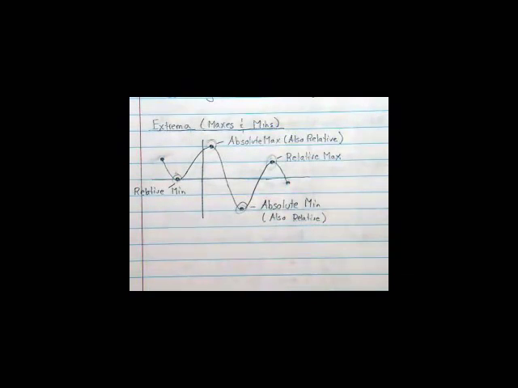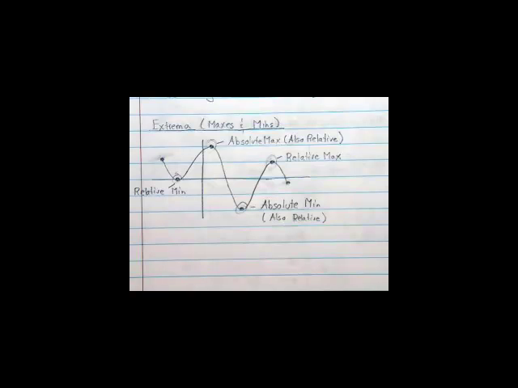Okay, not every function, though, is going to have a relative max or min or an absolute max or min. It just kind of depends. I happen to draw a function that I knew would have examples of all four of those things going on.